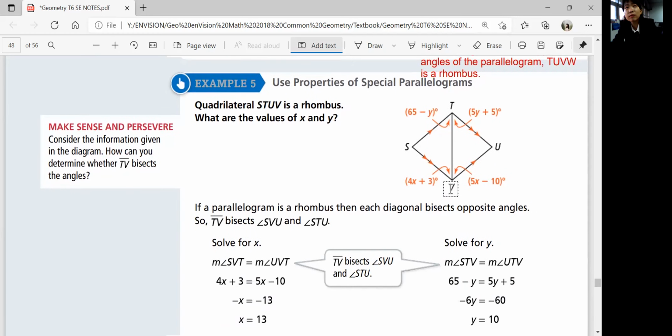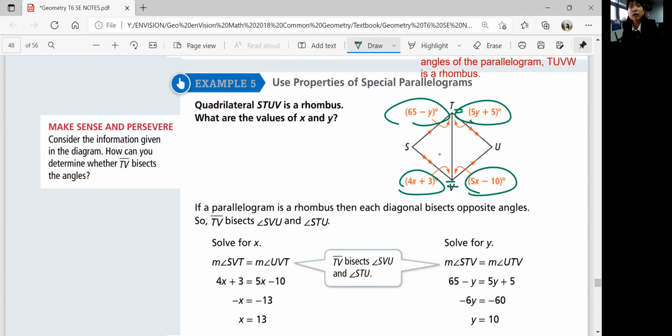So diagonal TV must bisect the opposite angles, which means 65 minus y must equal 5y plus 5. And these two also must be equal to each other. You can set up two equations and solve for each variable. x is 13, y is 10.